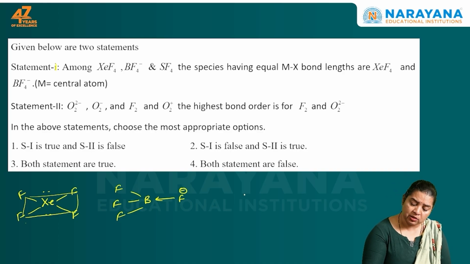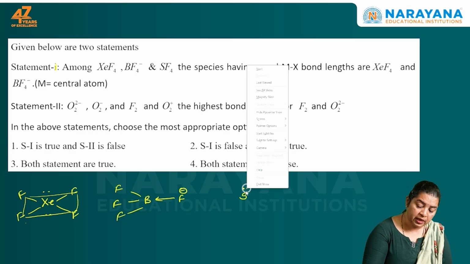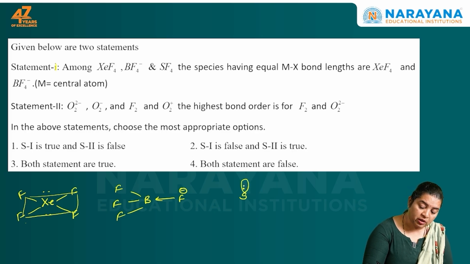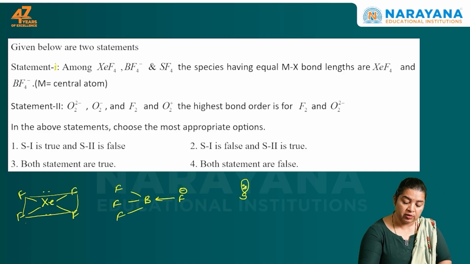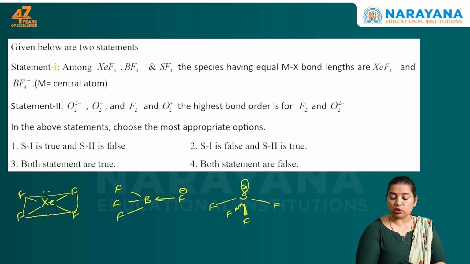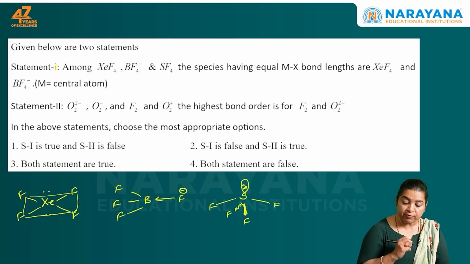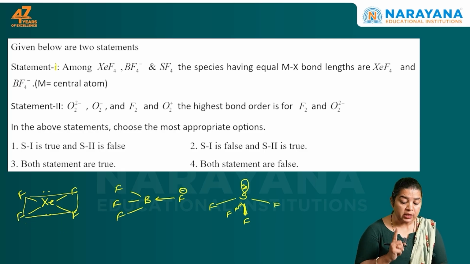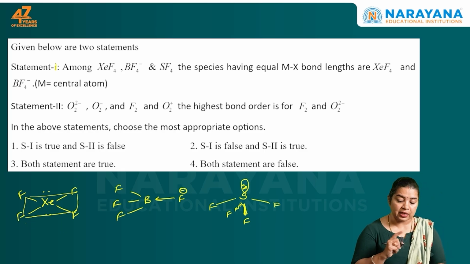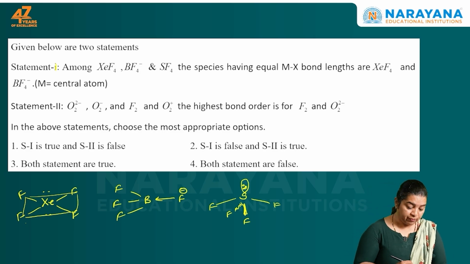SF4. Now, what is this SF4? If you remember, there is a distorted tetrahedron in this. The lone pair is there. There are two fluorines like this, and the two fluorines are wedge and dash positioned. I hope all of you remember this SF4. So, two S-F bond lengths are of one size, whereas the other two are of a different size.